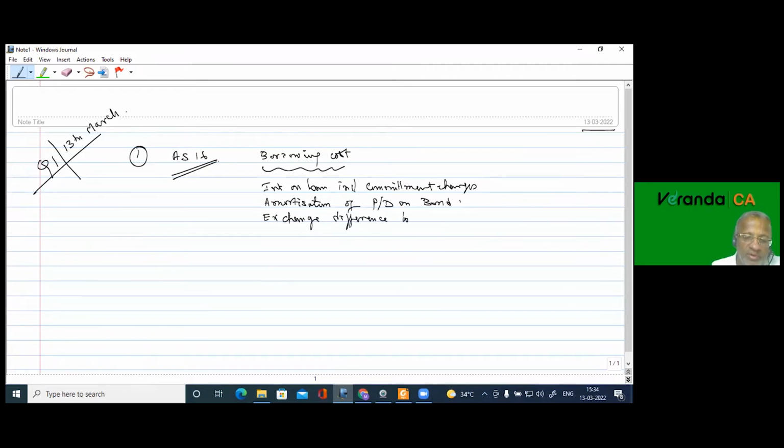Exchange difference to the extent of borrowing cost. So a test is made only to find out what is the exchange difference that can be taken up as borrowing cost.